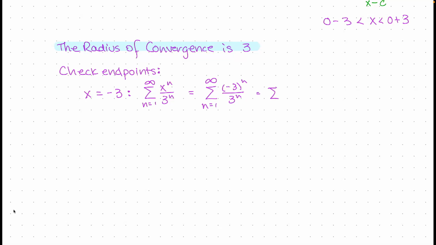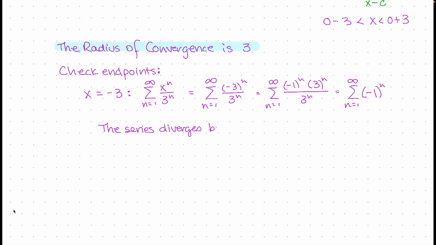And the reason for that is if I rewrite the numerator like this, then we can cancel out the 3 to the n's. And so it is -1 to the n. So, yep. Divergence test is the easy one to see that this diverges. The series diverges by the divergence test.